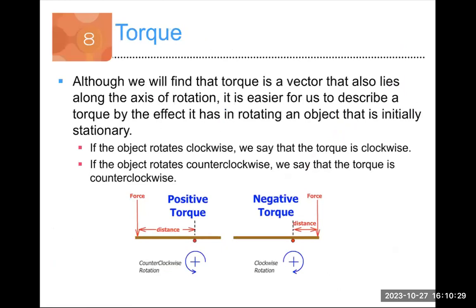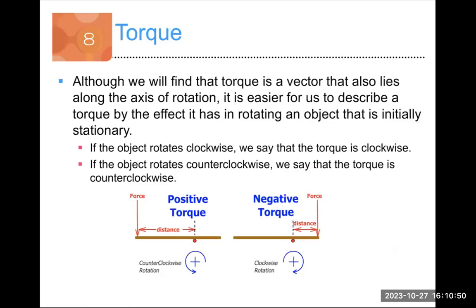So torque is a vector, lies along that axis of rotation, and it's easier for us to describe a torque by the effect it has in rotating an object that's initially stationary.